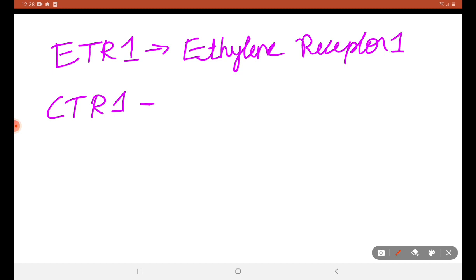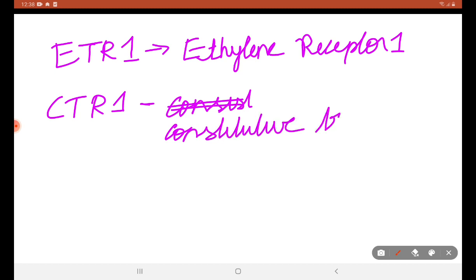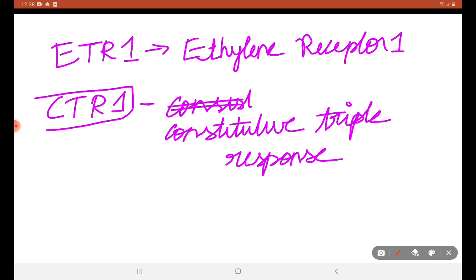CTR1 is constitutive triple response. This is about the elaboration of ETR1 and CTR1.